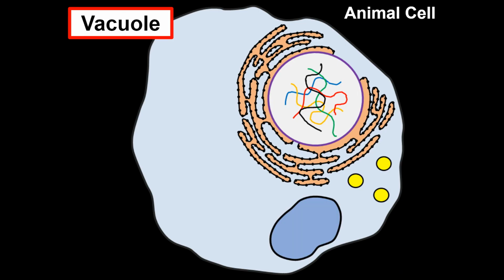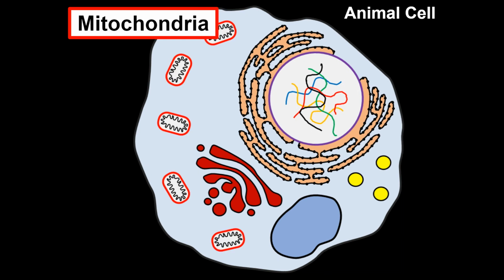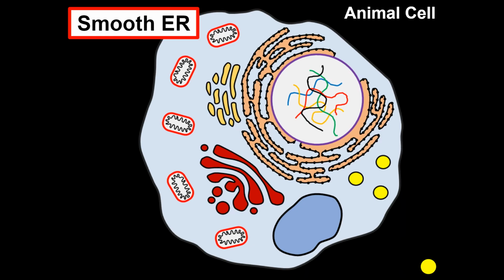They have a vacuole to store materials, a Golgi apparatus to fold proteins and ship stuff around, mitochondria to make usable energy, and smooth ER in order to make lipids and other macromolecules. And that's basically your general animal cell.